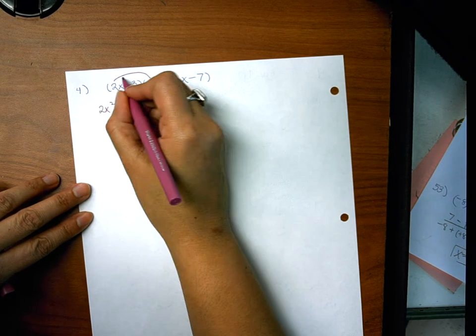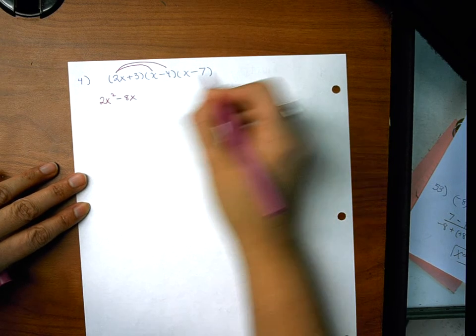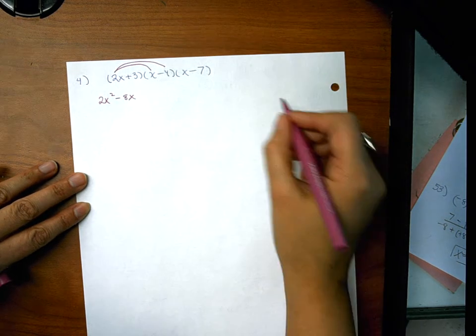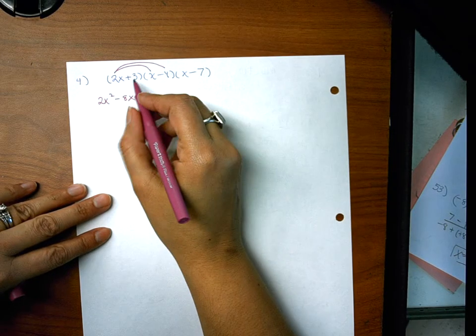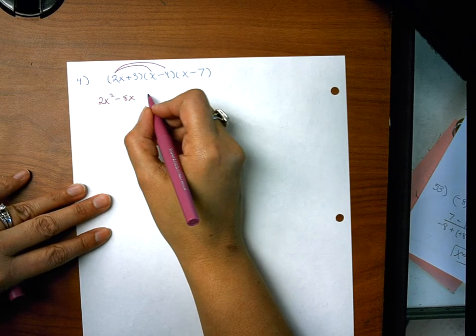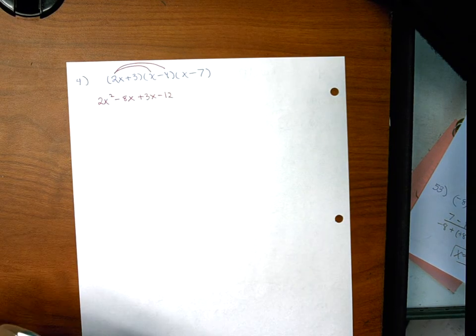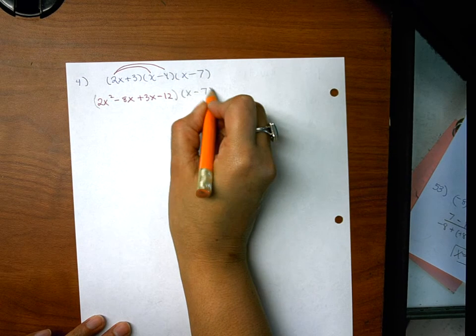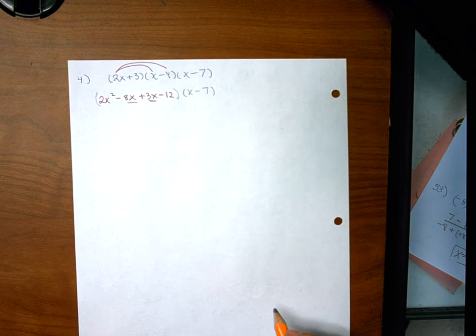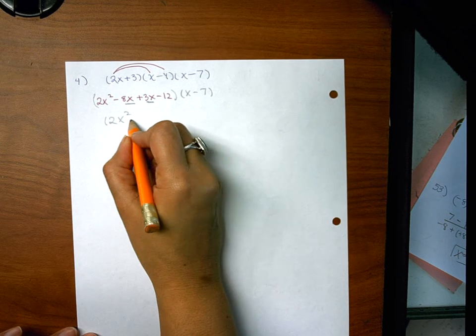Okay, so 2x times x is 2x squared minus 8x, and again, if you wanted to do the box method, you can do that with just those 2. That was 2x squared minus 8x plus 3x minus 12, and you're going to combine like terms there.